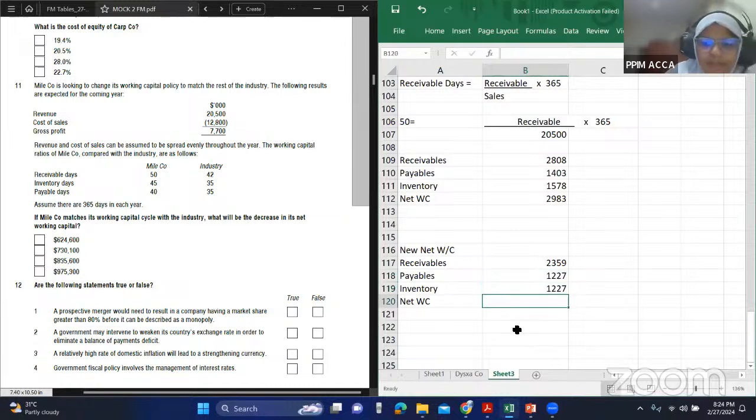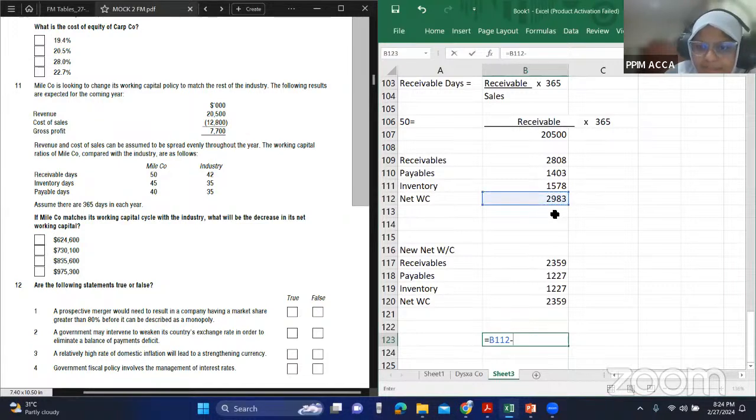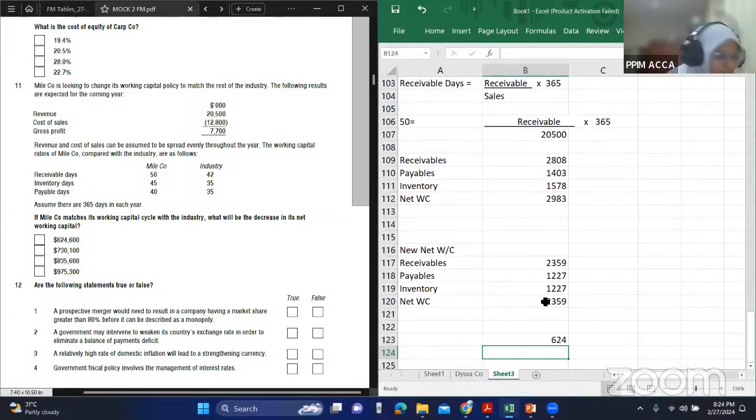So net working capital is going to be receivables plus inventory minus payables, so it will be the same as receivables, 2,359. So the net decrease in working capital is this figure minus this figure, which is 624. So 624,000, actually 600. Okay, so it will be A.